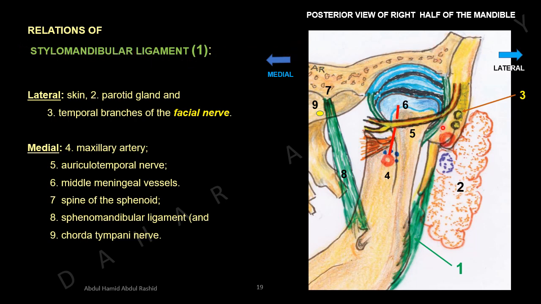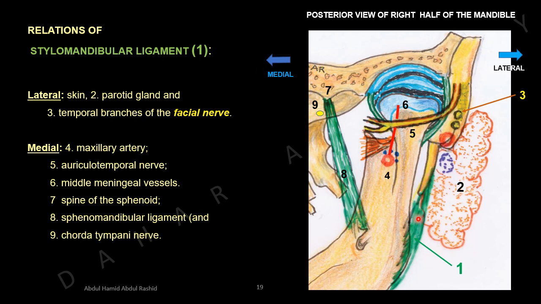Let's see the diagram again. This diagram is also posterior view of right half of the mandible. So this is right half of the mandible looking from behind. So outside is lateral, inside is medial. So what are the structures we are going to talk about? What are the structures related lateral and medial to stylomandibular ligament?